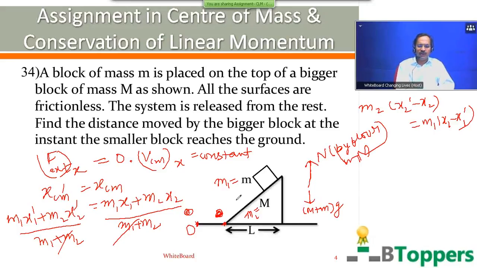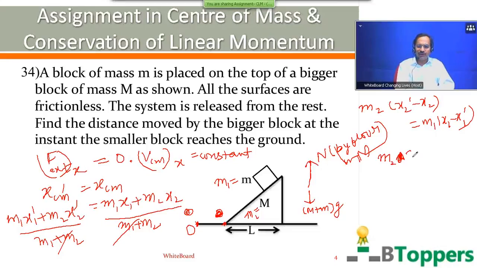When the smaller block reaches the ground, the bigger block moves towards the right side by conservation of momentum. Therefore, the horizontal distance of the bigger block from the origin will increase. x2 is the initial distance of the center of mass of the bigger block from the origin, and x2 dash is the new distance. So x2 dash minus x2 gives you the horizontal displacement of the bigger block from the origin, I mean the horizontal distance.